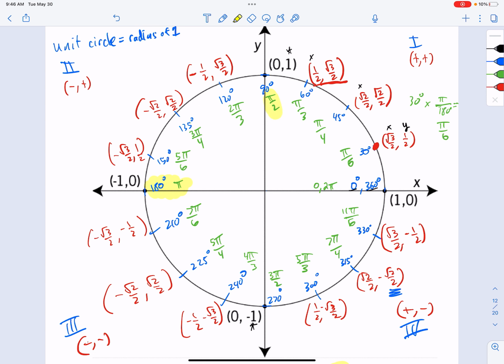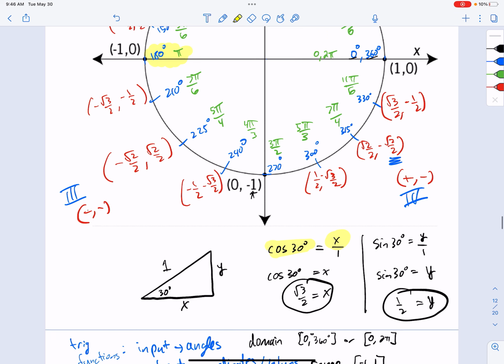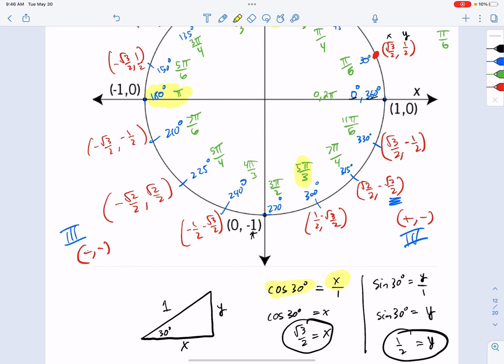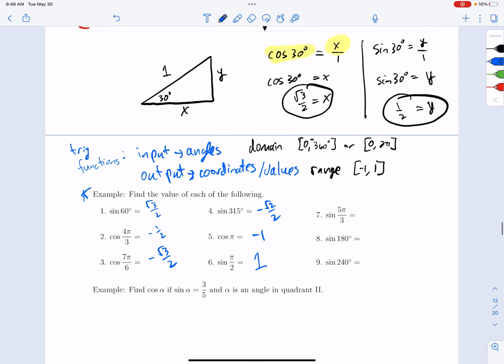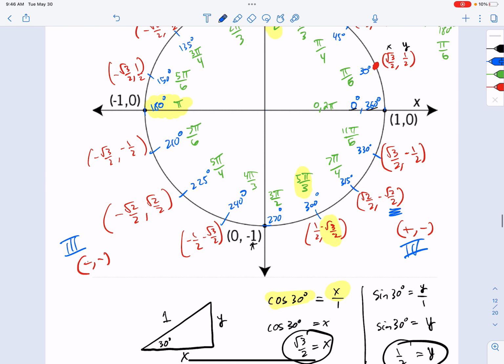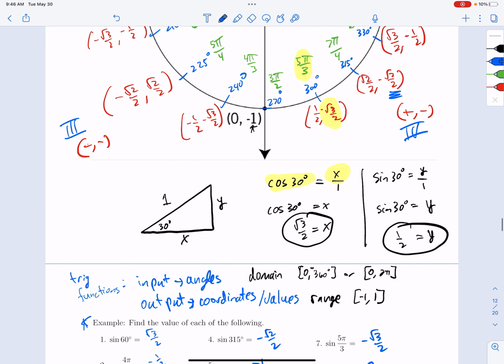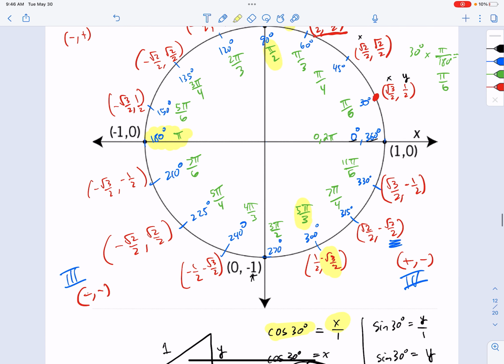The sine value there is the y-coordinate. That's 1. Sine at 5 pi over 3. 5 pi over 3 is over in quadrant 4. The sine coordinate is negative root 3 over 2. Sine of 180, again, that's halfway around the circle, and that's the y coordinate, so that's 0. And then sine of 240 degrees, that is down in quadrant 3. Sine is negative 1/2.